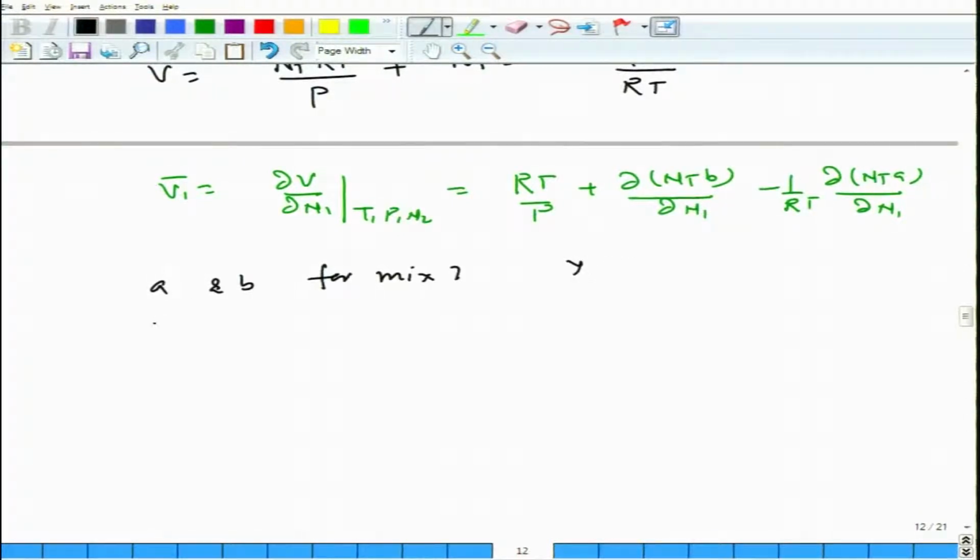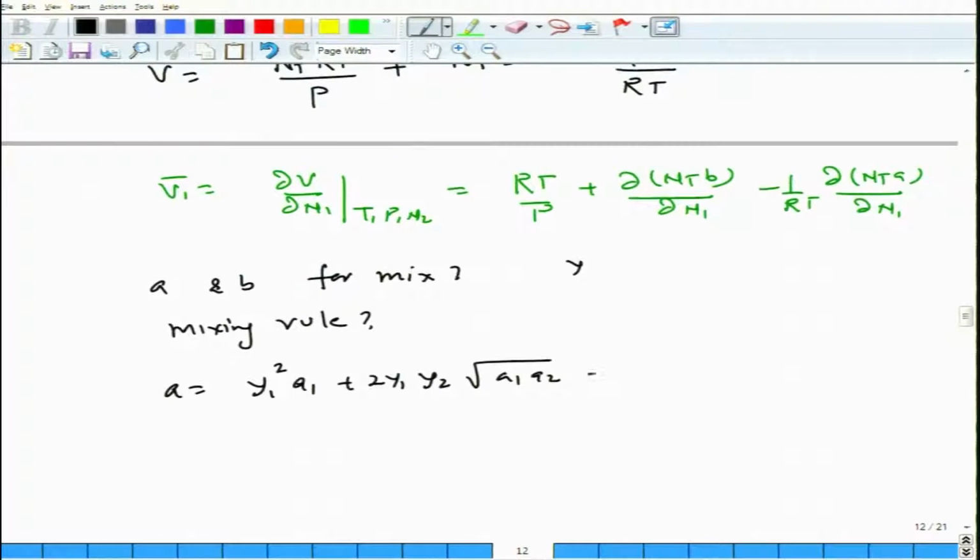So, what would be the mixing rule? We must specify a mixing rule, okay. So, we will directly use what van der Waals originally proposed, which was A equal to y1 square A1 plus 2 y1 y2 A1 A2 plus y2 square A2, and B was simply the weighted average of those individual sizes. This is for a binary mixture, okay.